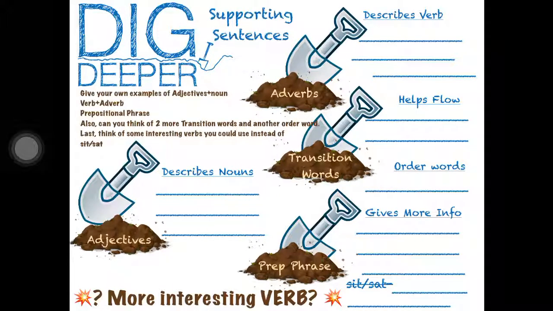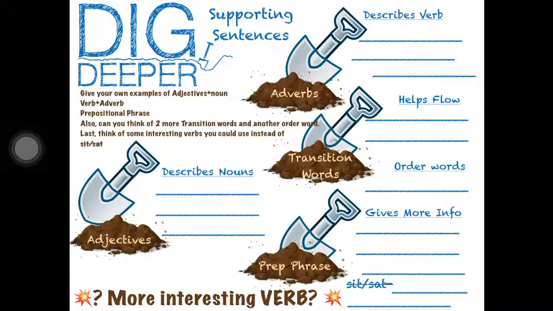Finally, I want you to think of 2 or 3 more interesting verbs that you could use besides sit or sat. Okay, think about how something would sit or set or sat down, and give me a more interesting verb.